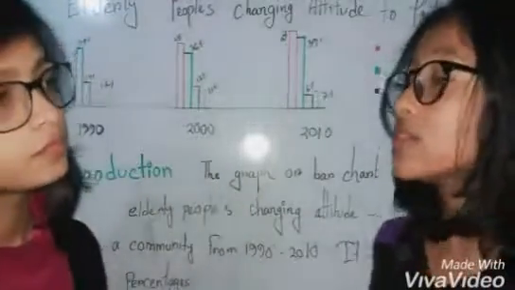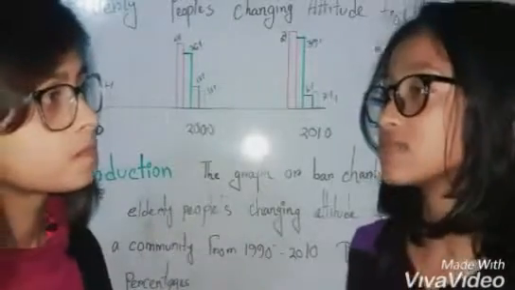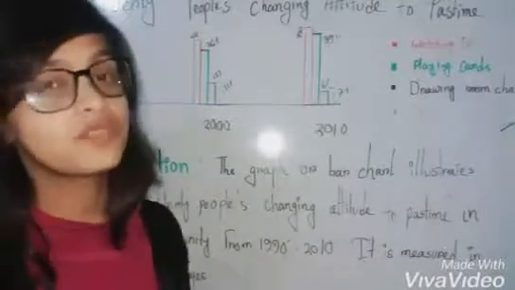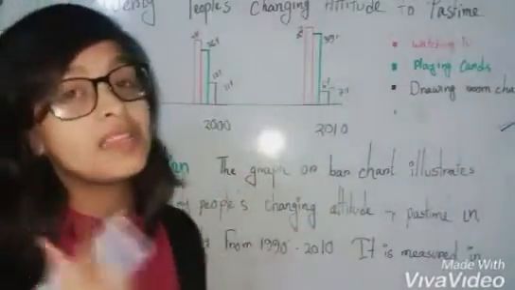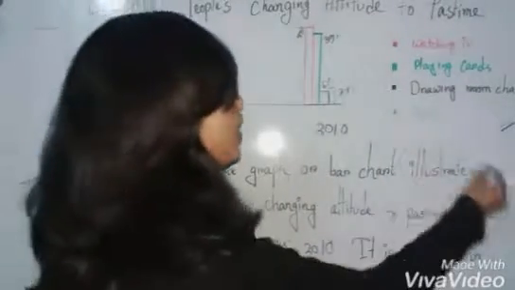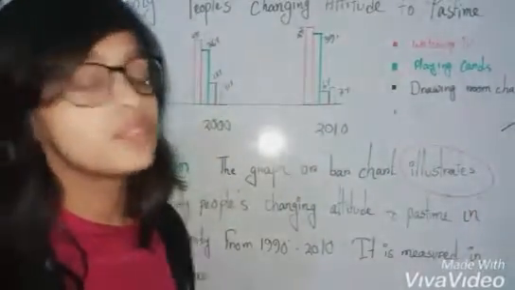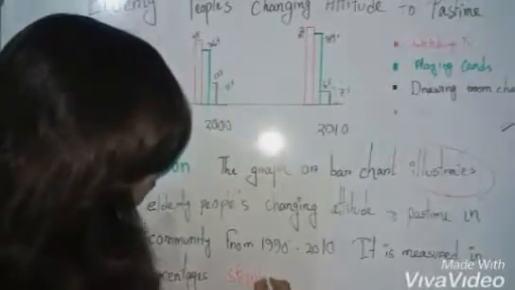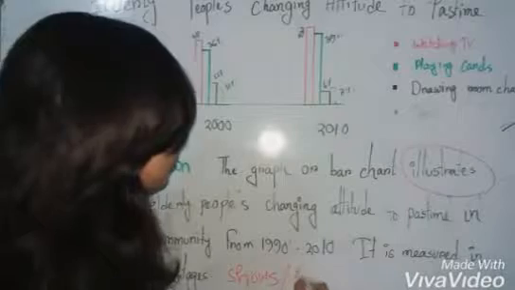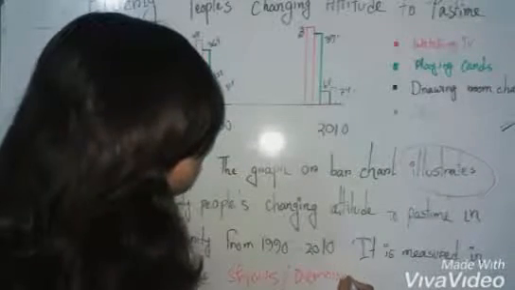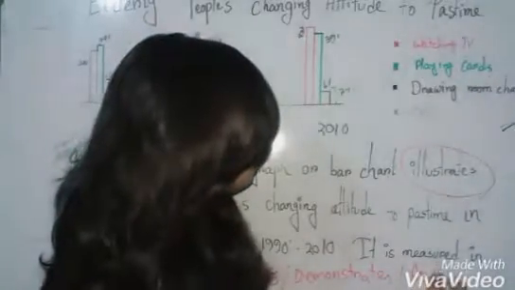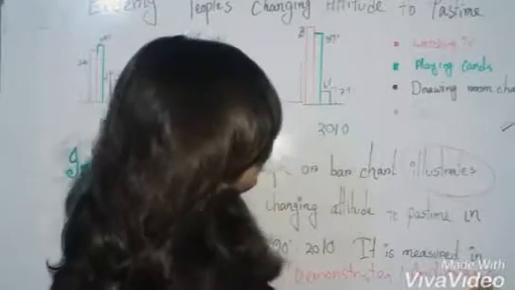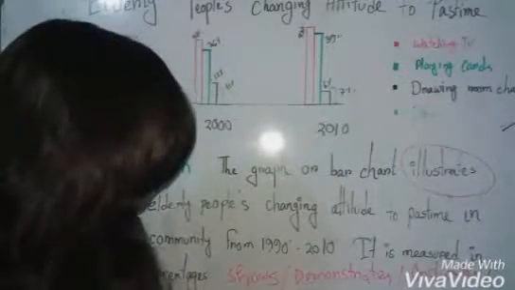So Faria, you tell me what are the other ways of writing this introduction? Well, now we'll say the key phrases for introduction. In this graph, the first sentence is the graph or bar chart illustrates. But instead of illustrates, we can use alternative verbs like shows, demonstrates, indicates, or represents.